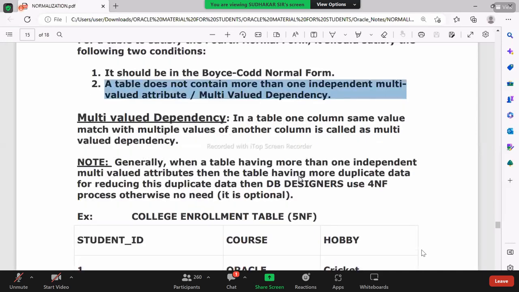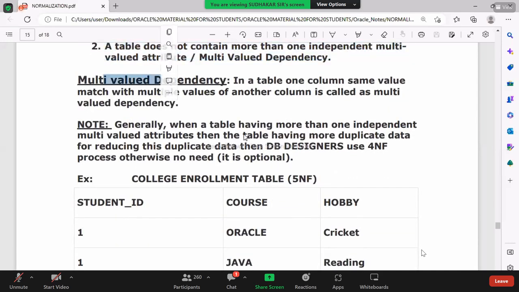What is a multi-valued dependency? Observe carefully. In a table, one column's same value matching or joining or comparing with multiple different values of another column is called a multi-valued dependency.